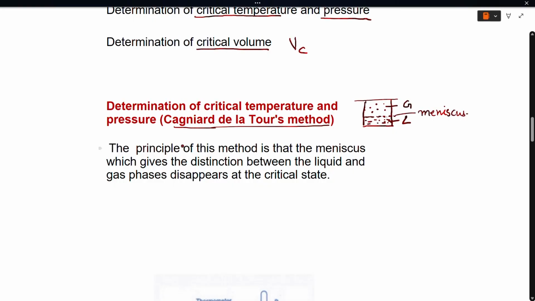Now let's go to the principle of this method. The Cagniard-de la Tour method principle is that the meniscus, which gives a distinction between the liquid and the gas phase, disappears at the critical state. Remember, critical state is a state at which you can have the liquid, but above that temperature you won't be having liquid state at all.